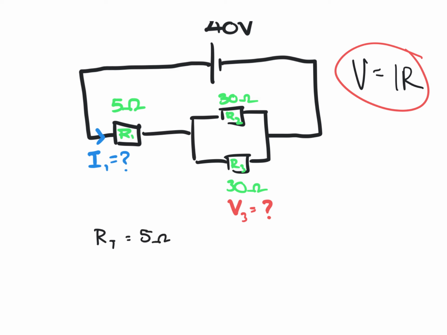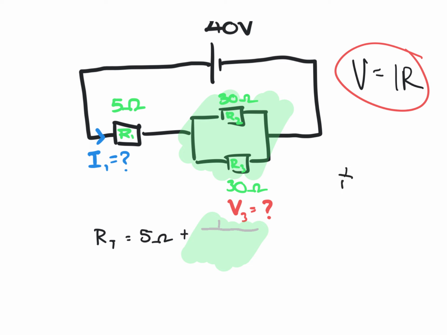My total resistance would be 5 ohm, which is this, correct? Plus whatever this is worth, correct? Now, what is that worth? Now, I do remember one thing. I do remember that I can find the total resistance of that. Total resistance becomes 1 over. You understand what the 1 over is, right?